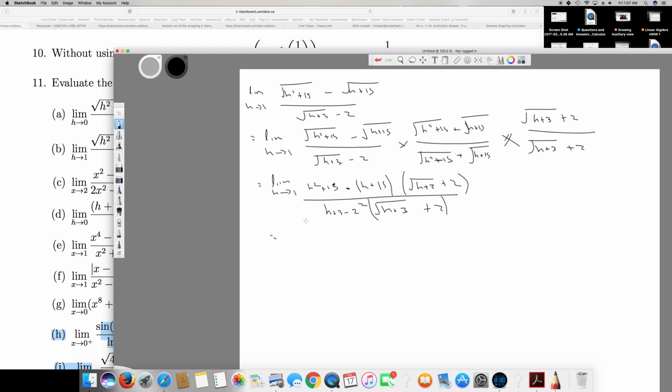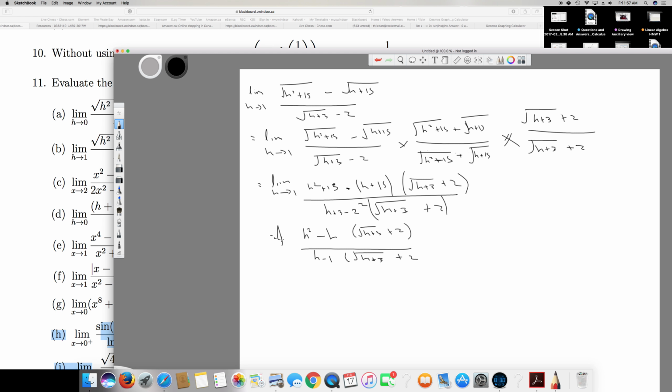Multiply the whole number, which is gonna be, as we did before, it's gonna be h square. If you expand, it's gonna be h square minus h and square root of h plus 3 plus 2 over h minus 1 square root of h plus 3 plus 2.